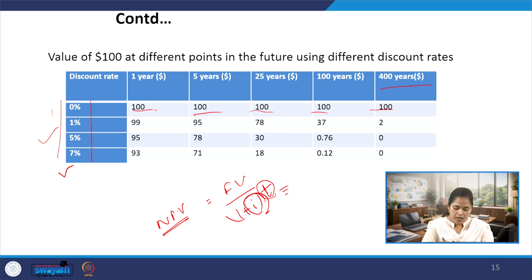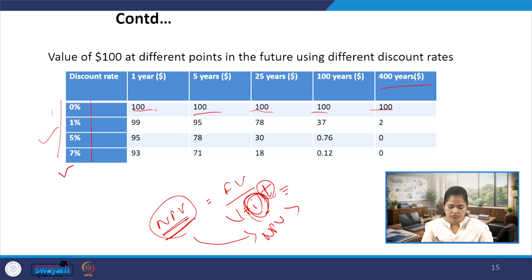So when i varies, this varies. The policy decision is taken based on this parameter, NPV, if it proves to be positive. That is the reason this i has a big impact on decisions in NPV calculation or benefit cost analysis.